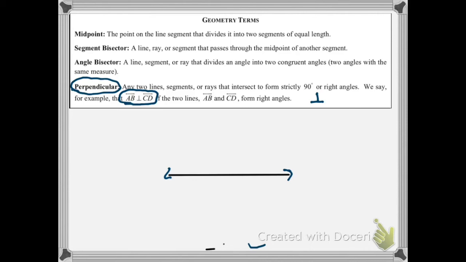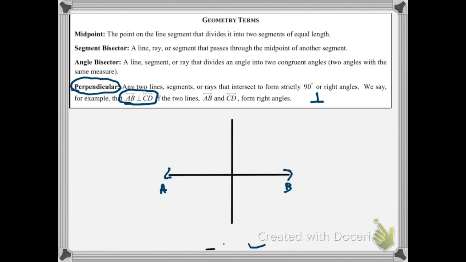For example, in this case, I have line AB, and I'm going to draw line CD, so it's gonna go straight and do a perpendicular.